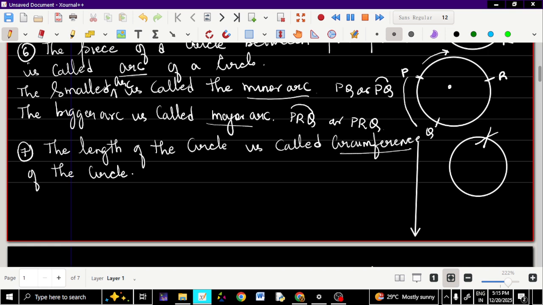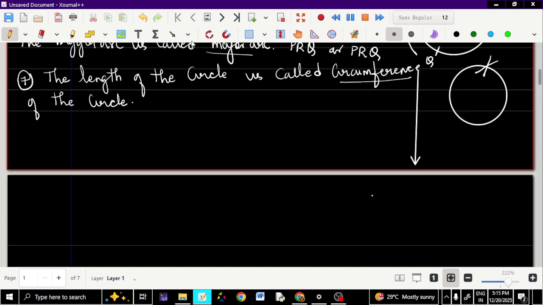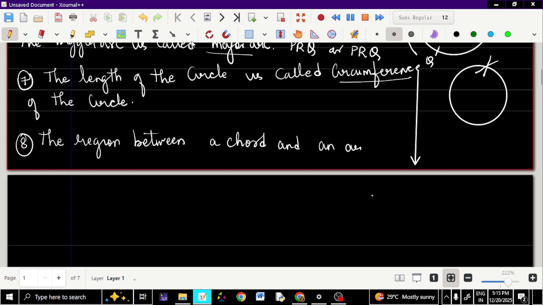Next, we have two terms called segment and sector. Let's see what segments and sectors of a circle are. By a segment, I mean the region between a chord and an arc is called the segment of a circle.